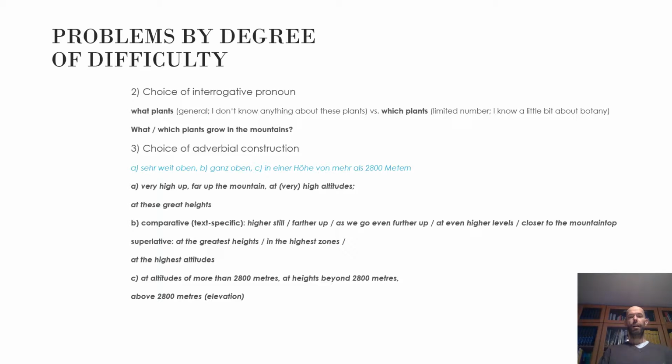These mountain areas are divided into zones. Of course, that's something you can find out by consulting parallel texts, as we'll see in a minute.